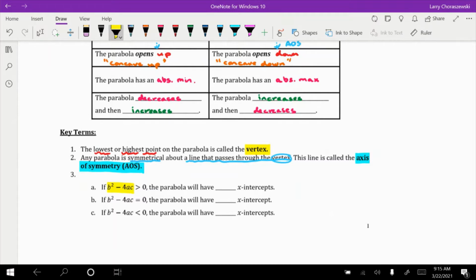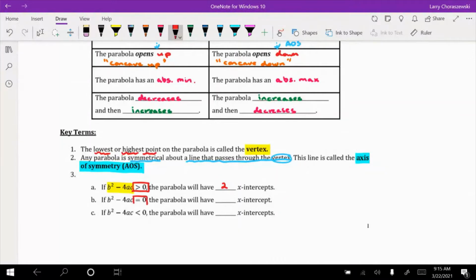And in terms of values that it simplifies to, we can classify those values in 3 different ways. For instance, if b squared minus 4ac happens to be positive, then the parabola will intersect the x-axis 2 times, meaning that the graph would have 2 x-intercepts.